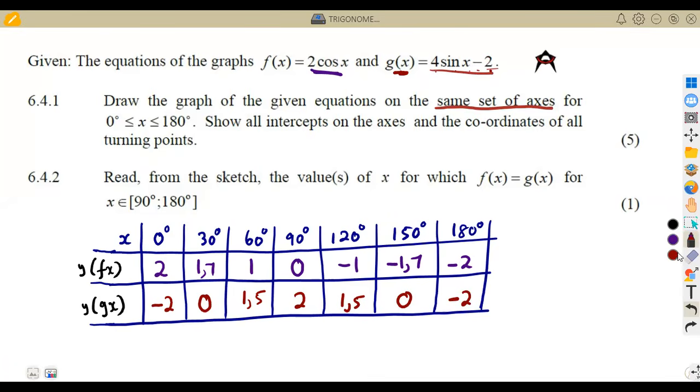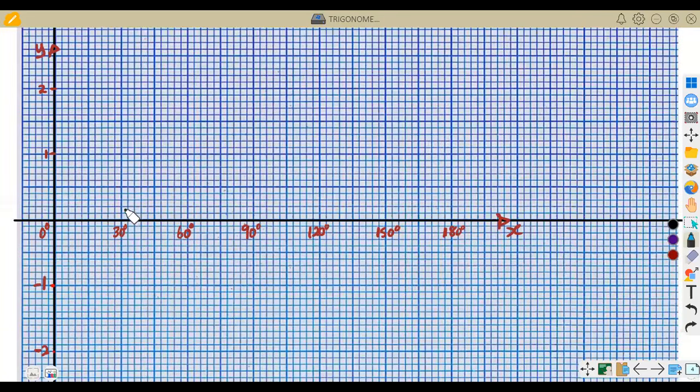So please take note that these values here of y, they are for f(x). So these are the values that you are going to start with. We can even start with the ones for g(x), it's fine, but let us just start with the ones for f(x).